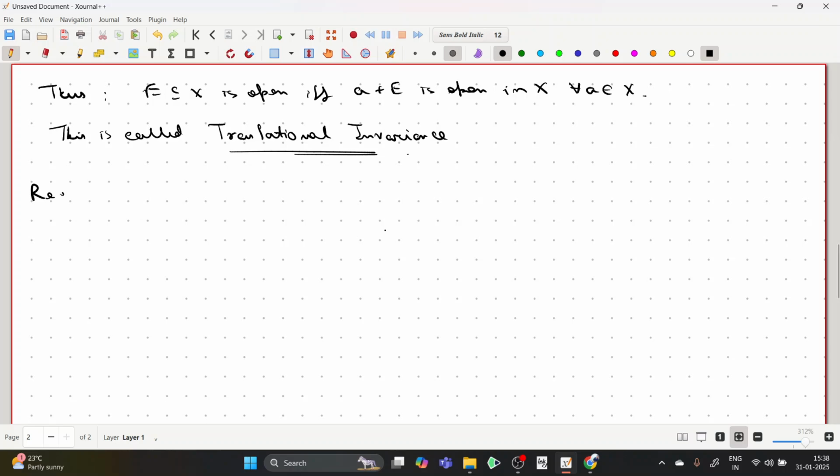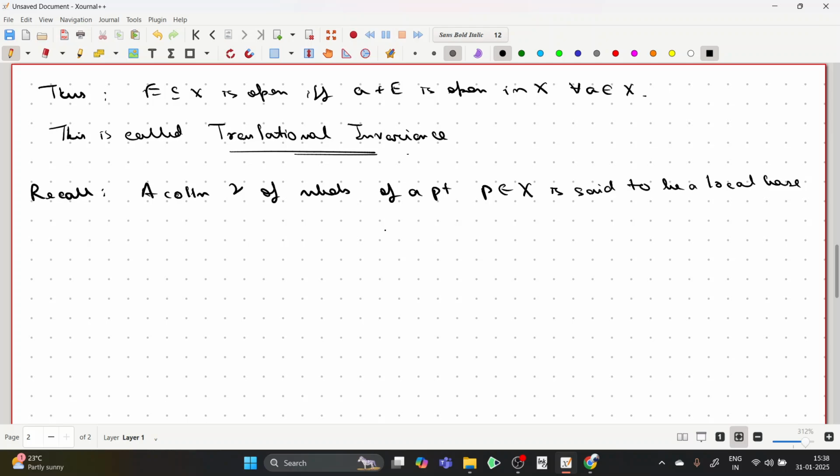Recall, a collection gamma of neighborhoods of a point P in X is said to be a local base if every neighborhood of P contains a member of gamma.